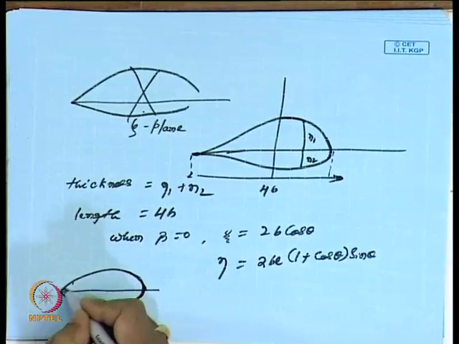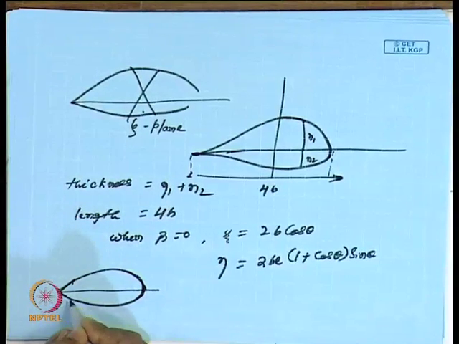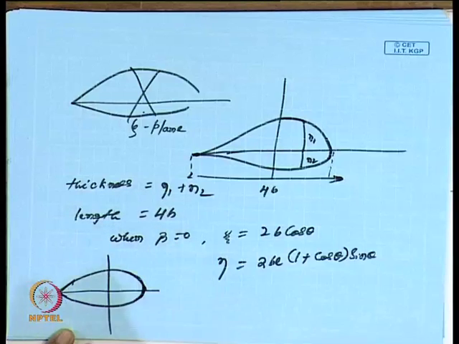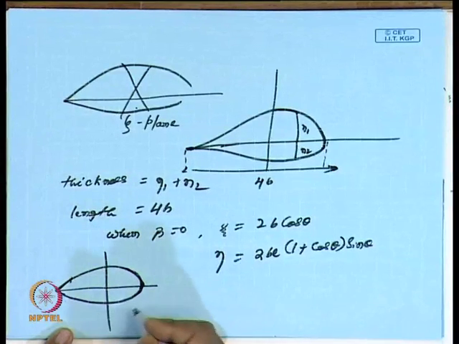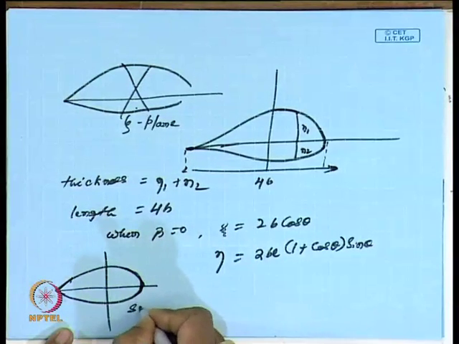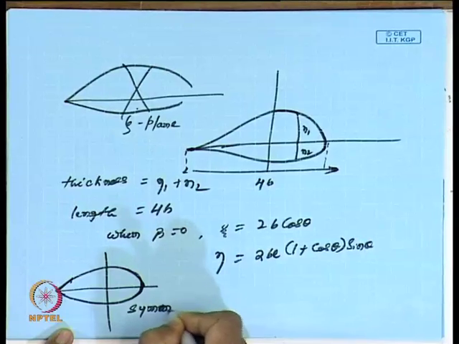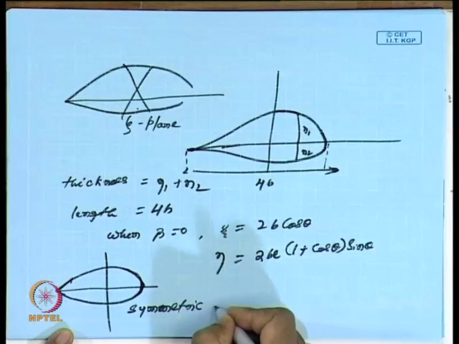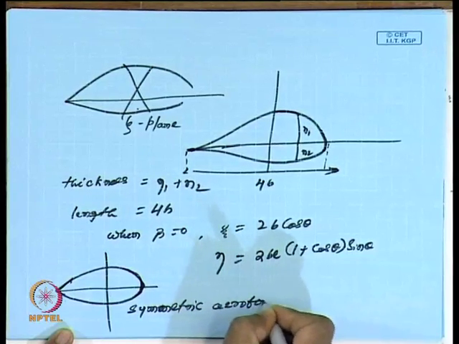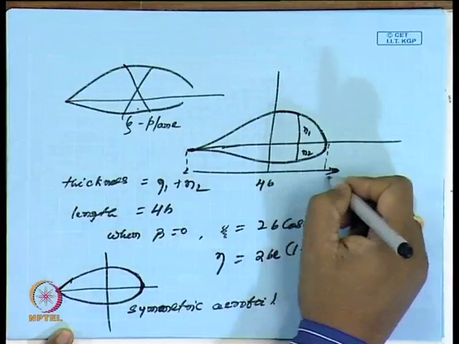It should be like this, whereas this side there is a sharp edge, and this is my symmetric aerofoil. Whereas this is my cambered aerofoil.